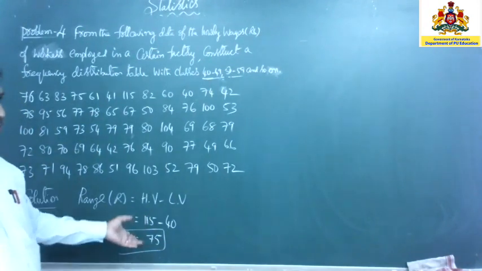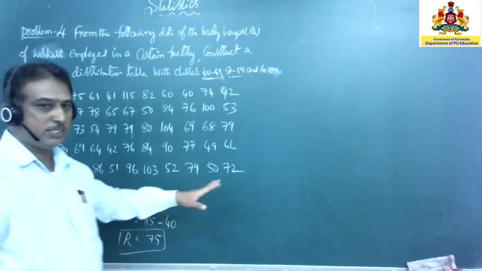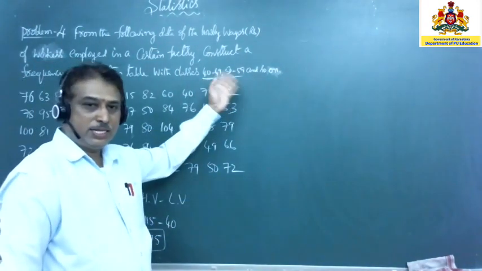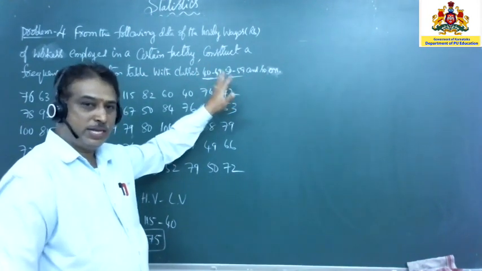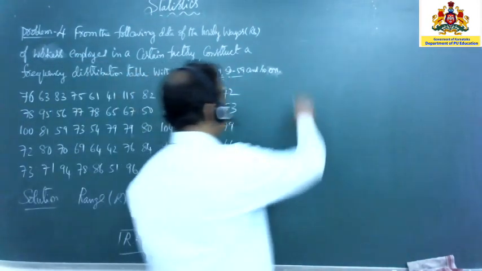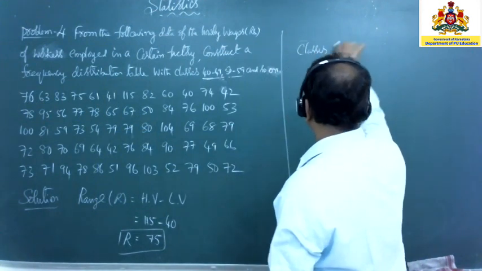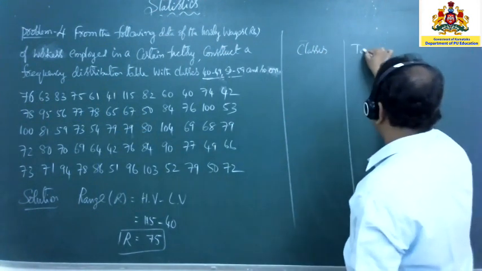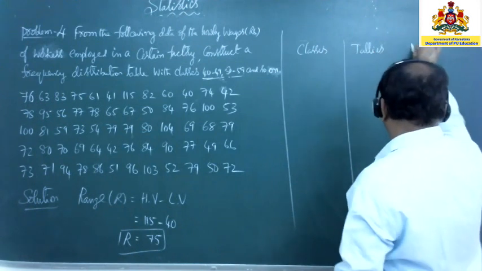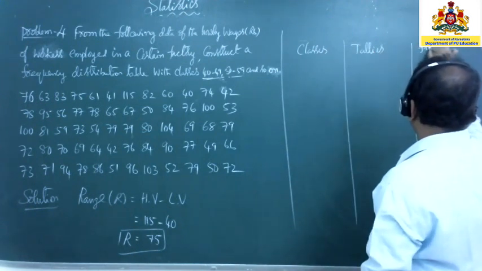According to the highest and lowest value, here width is not necessary. Why? Because they gave the clue. You have to prepare the inclusive type of class intervals. Classes, tallies, frequencies.